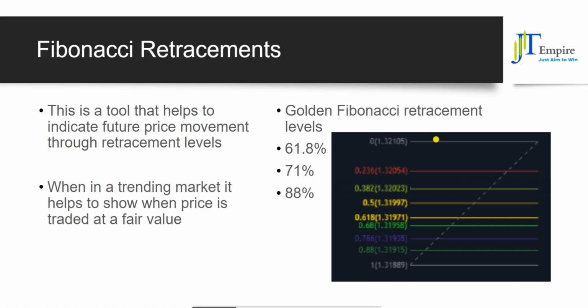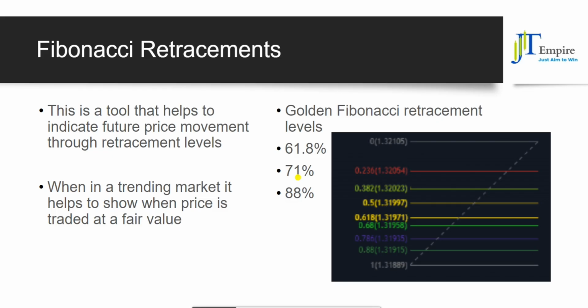Now, Fibonacci retracement. The Fibonacci retracement tool helps to indicate future price movement through retracement levels. Right? When in a trending market, it helps us to show where price is traded at a fair value. The golden Fibonacci retracement level would be 61.8. The 71% level would be if you're trading synthetic indices.